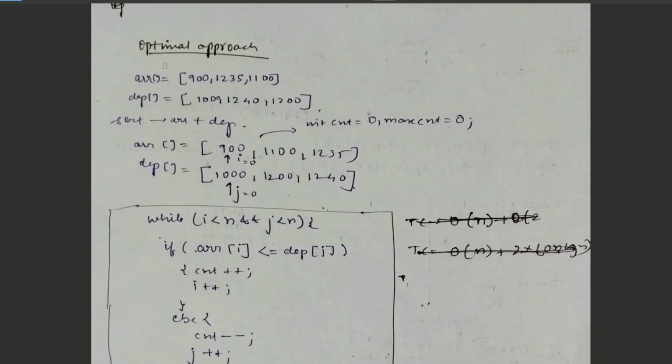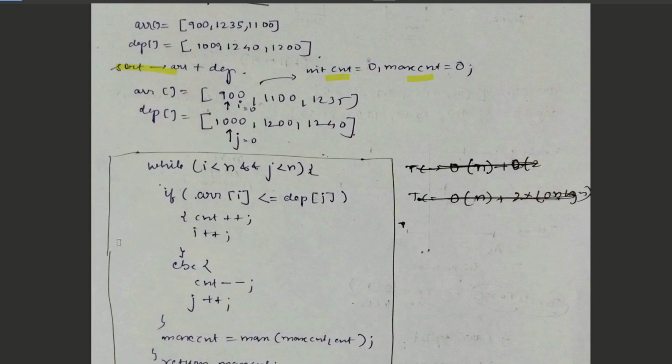Okay. So in the optimal approach, we use the sort function, that is we sort the two arrays that are given to us, and we also maintain two variables, that is count, initially 0, and max count. The count variable counts the number of trains that are present at the station at a particular point, or the coinciding points.